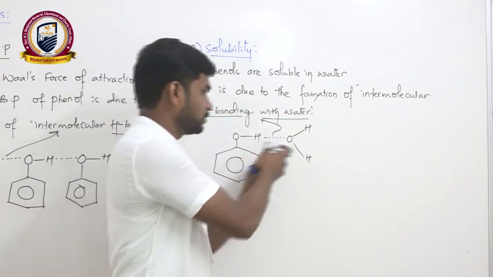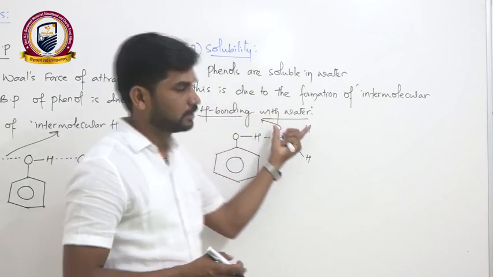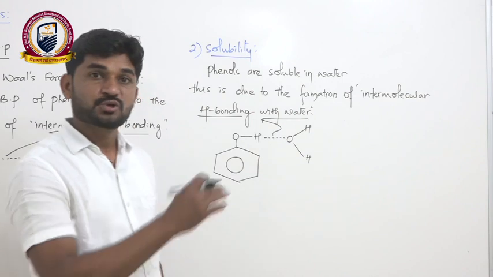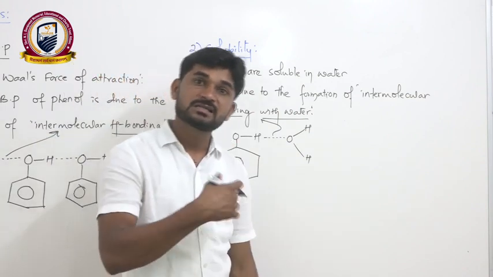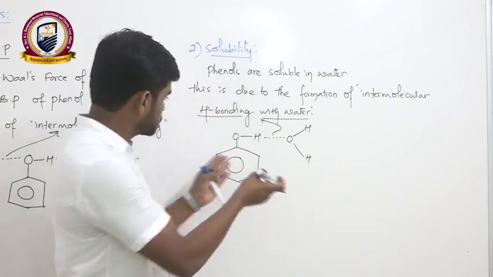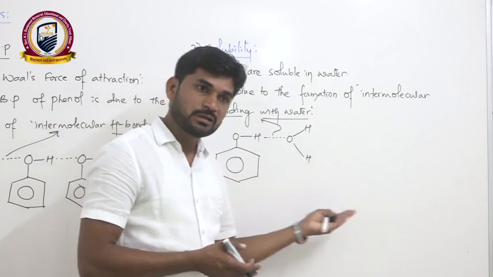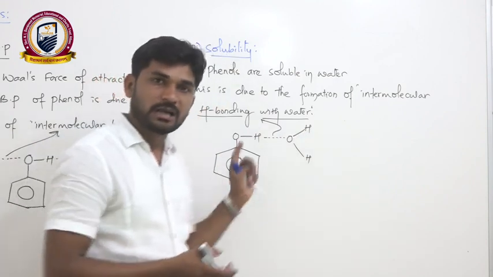Similarly, phenols are also soluble in water due to the formation of intermolecular hydrogen bonding with water. Alcohols' solubility in water decreases with an increase in the number of carbon atoms because of hydrophobic nature. The same reason applies to phenols: their solubility decreases in water with an increase in the number of carbon atoms, right?